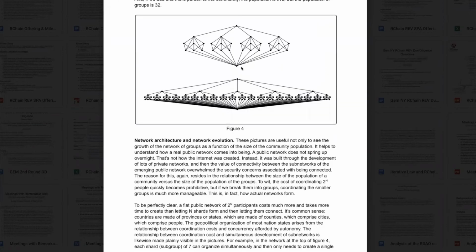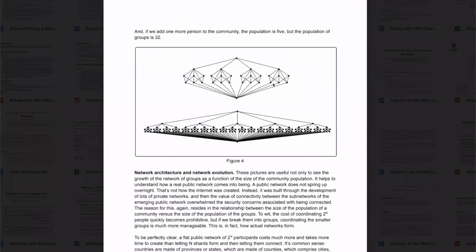But now this is really a picture of subsets, and subsets are not subnetworks. So in particular, in the case of a utility token like the REV, which derives its value from the cross shard communication, what makes a network versus a set is that you have communications amongst the members and amongst the groups.